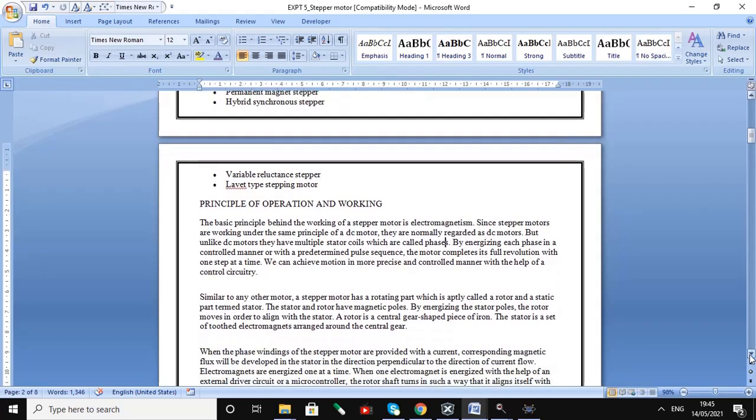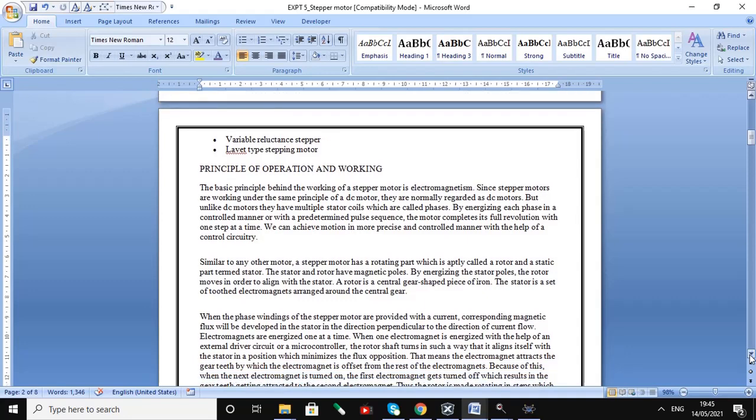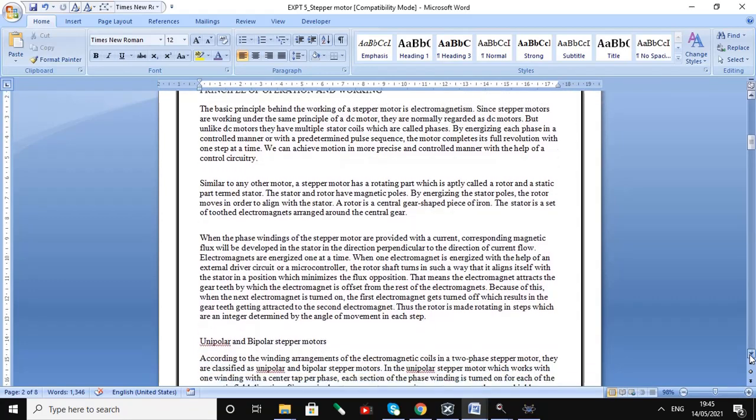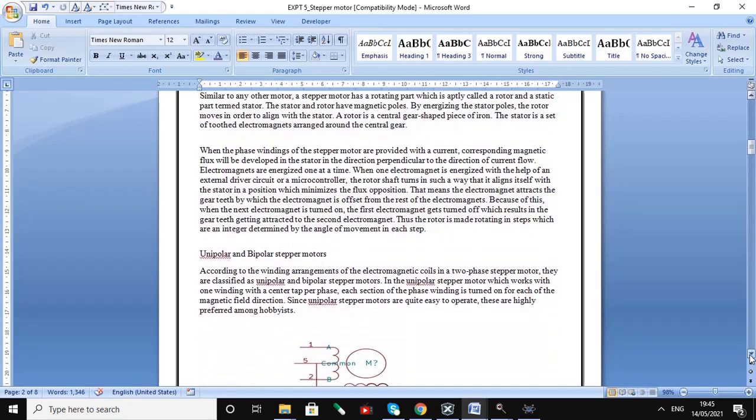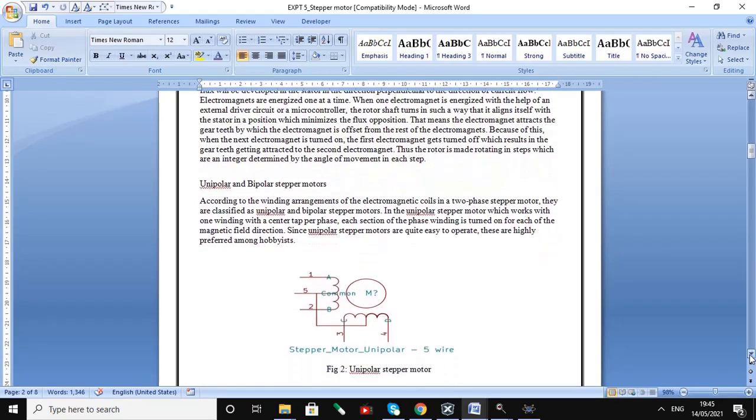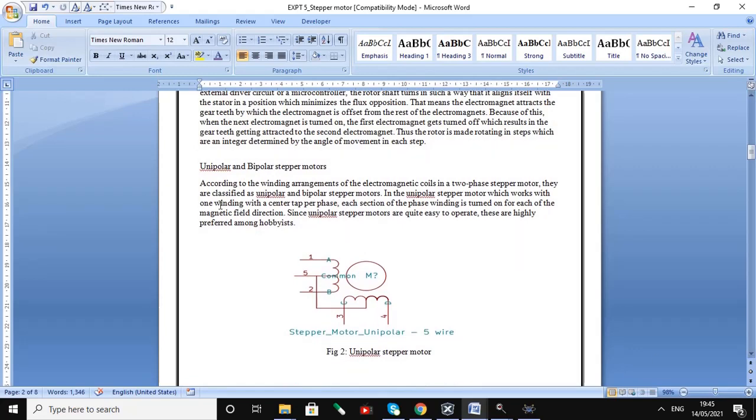Let's see the different types of stepper motor. There are different types of stepper motor, such as unipolar and bipolar stepper motors.